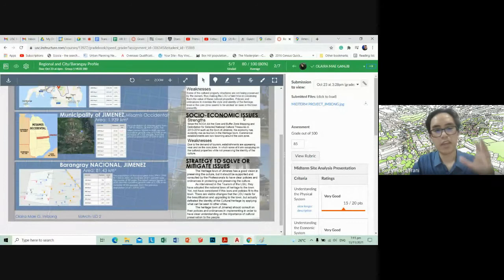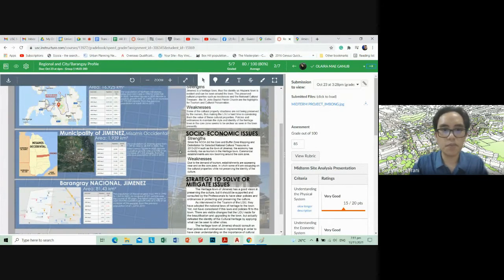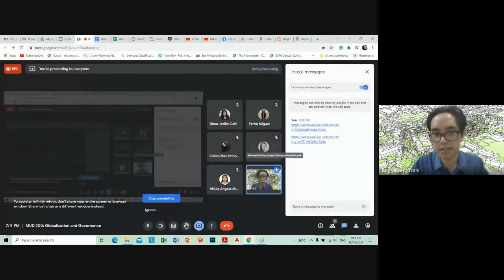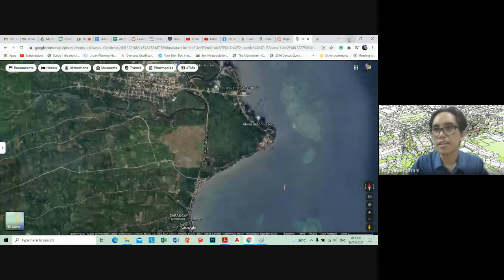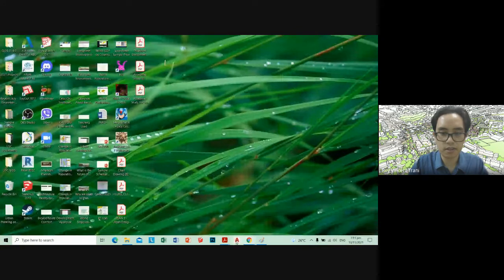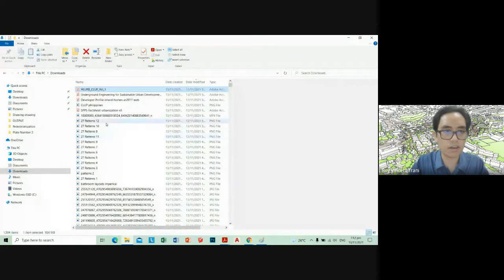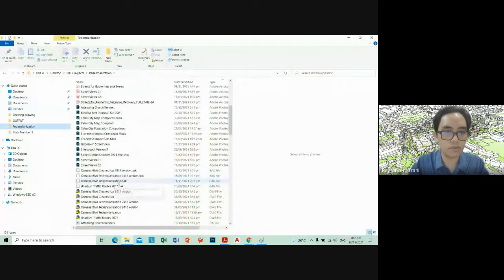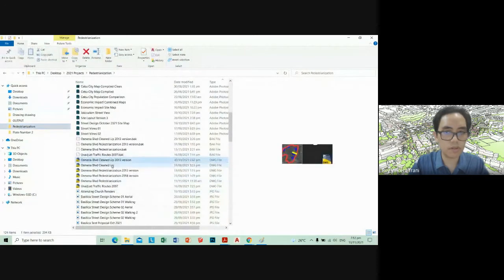Anyway, our activity going towards finals will be to track down or draw. Does everyone have AutoCAD here? Yes, you can raise your hand if you have AutoCAD. Okay, so I have one over here. It's just to give you a sample of what I'm thinking our output will be.